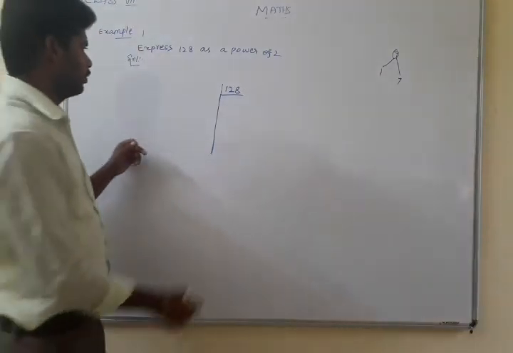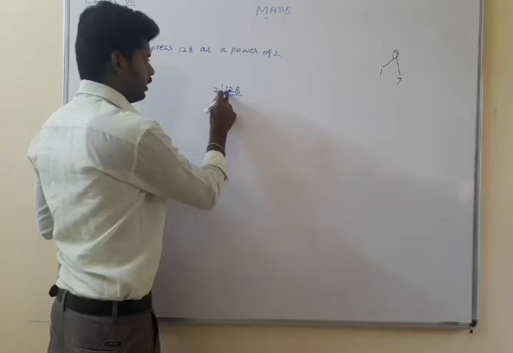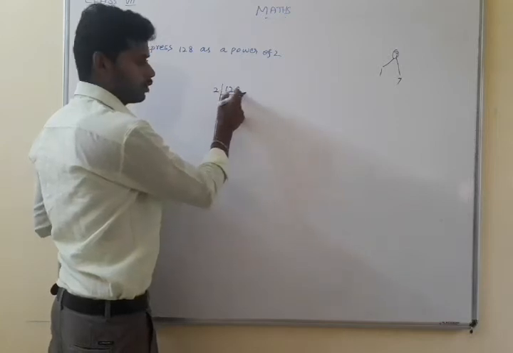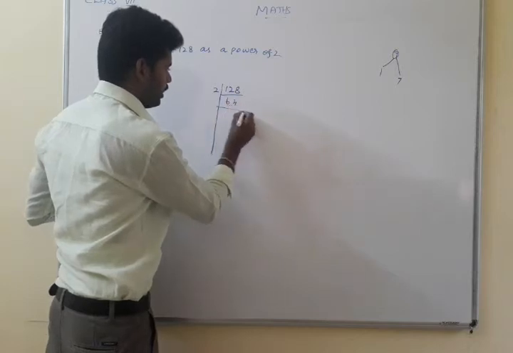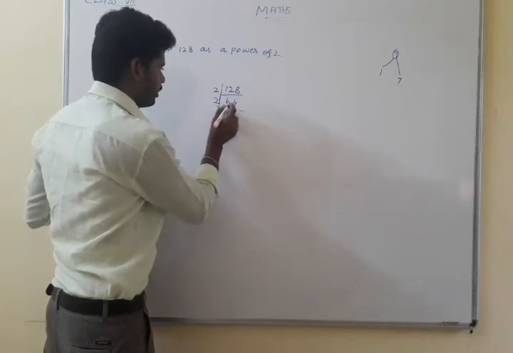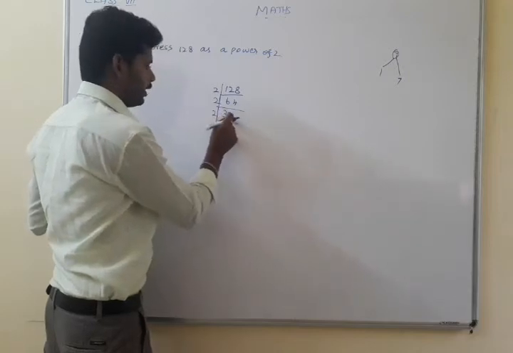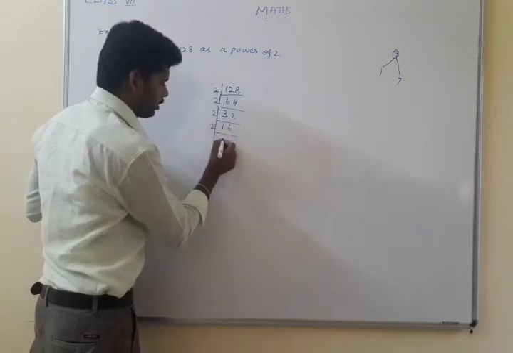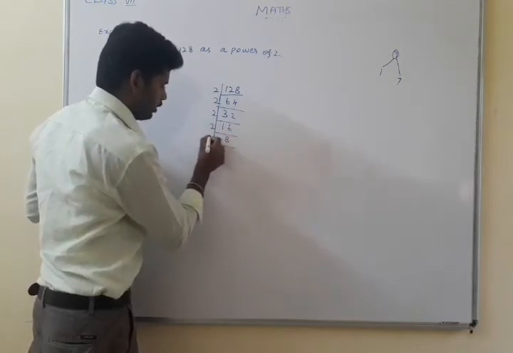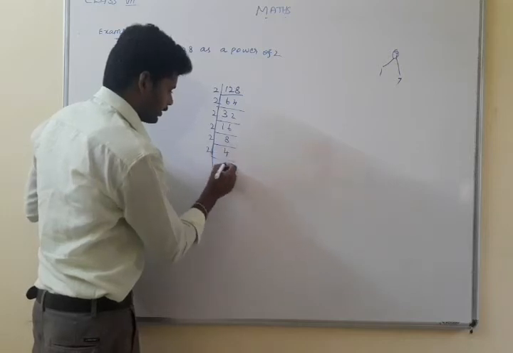You take only prime numbers, so you take 2. 128 divided by 2 is 64, then 32, then 16, next 8, next 4, next 2.